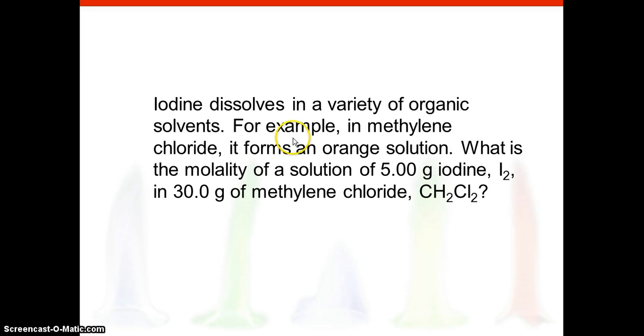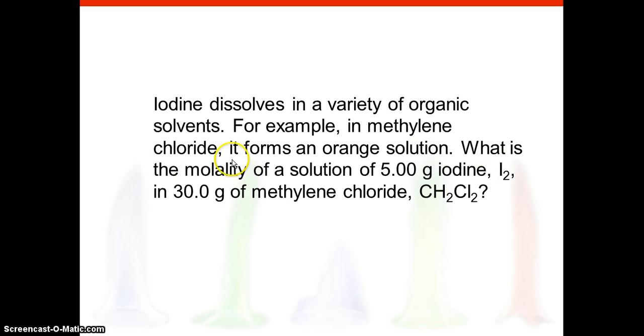Now let's take another example. Iodine dissolves in a variety of organic solvents. For example, in methylene chloride, it forms an orange solution. What is the molality of a solution of 5 grams of iodine in 30 grams of methylene chloride?